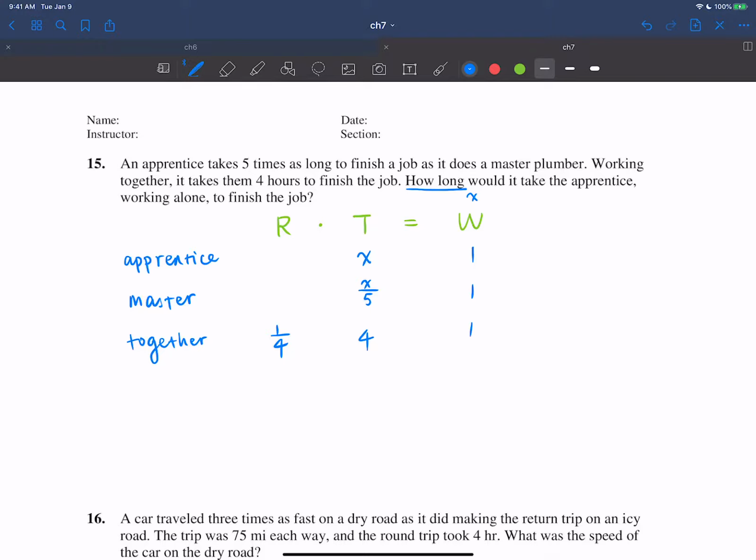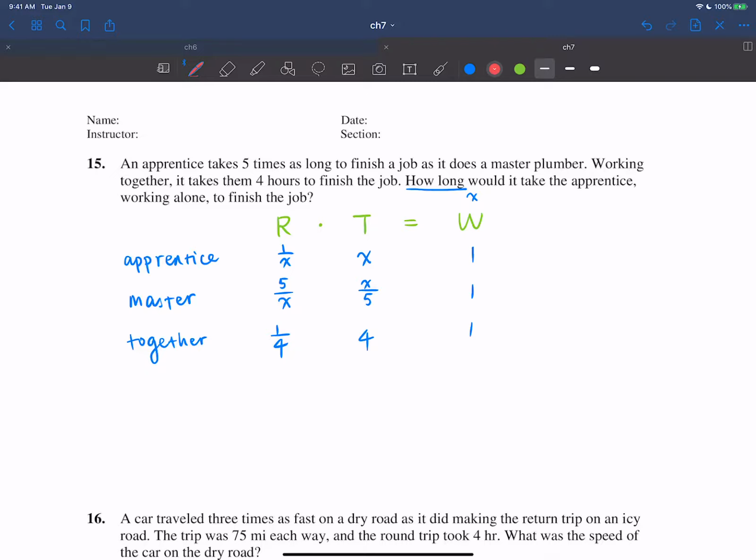According to what we have, then we could write down the rate. So for the first row, you do work divided by time, 1 divided by X. That's the rate of the apprentice. As for the rate of the master, 1 divided by X over 5, and that will simplify to 5 over X. And now we have everything we need. How do you create the equation?